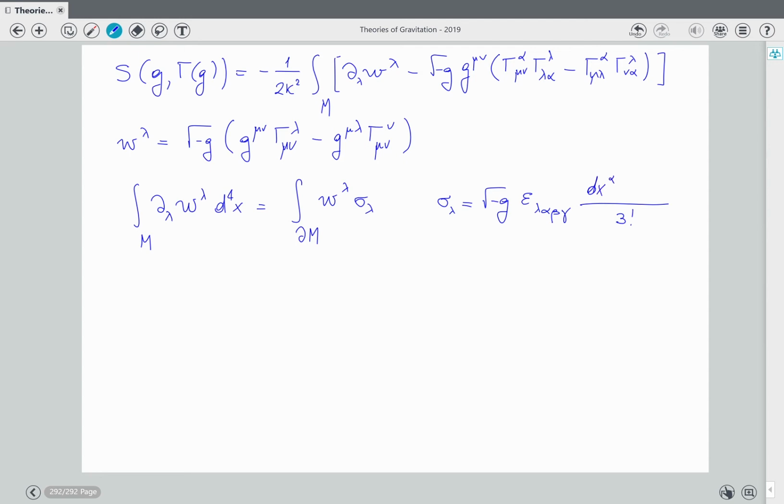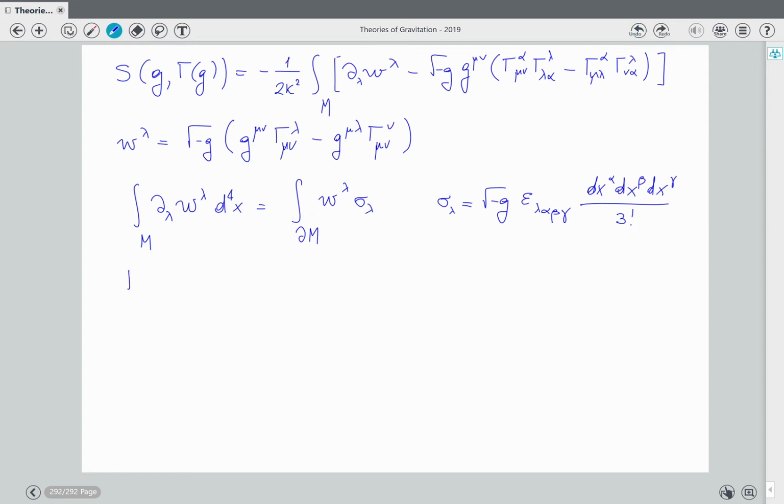Partial x alpha. There is a wedge understood, but you know that it is understood. So that is indeed that thing. That is the correct surface element, but first, this is not a vector.